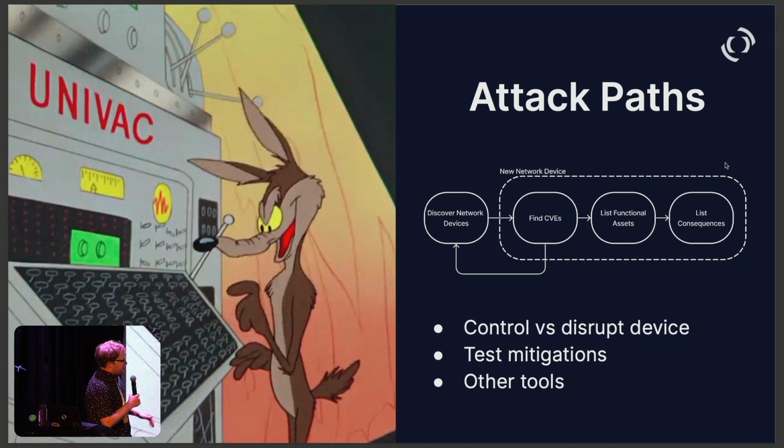And if they have a CVE which gives you code execution, you can keep pivoting from there. If it's a CVE which can cause denial of service, then you can potentially disrupt whatever physical assets are being controlled.